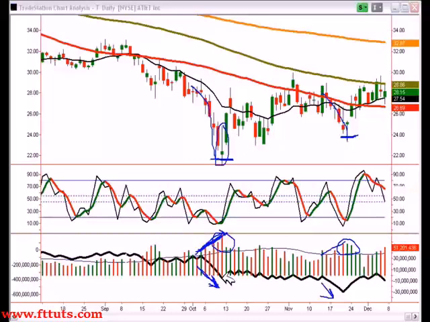I just discount it and say, okay, that's just how the formula works, but this is a volume spike reversal pattern. And when I say reversal, I don't mean a reversal of trend. I just mean really it's a cycle bottom. And then the market's going to reverse back up and put in a cycle high.